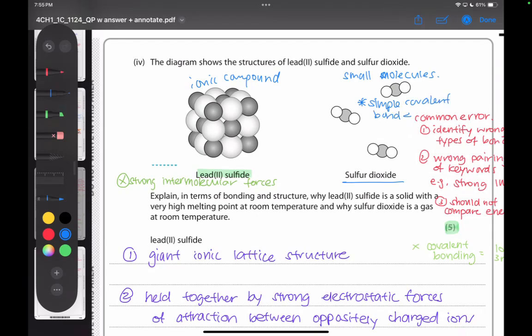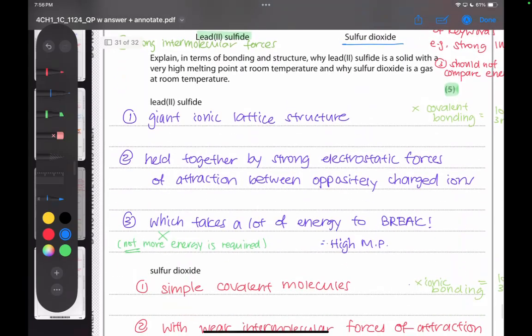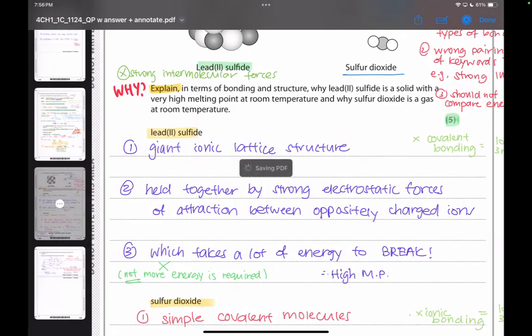If you look at the question, they have broken it down into explaining lead sulfide and then sulfur dioxide. And what do they want you to talk about? First, they want you to explain, so you must talk about the why, and you need to discuss in terms of bonding and structure. This is when we get students to underline.